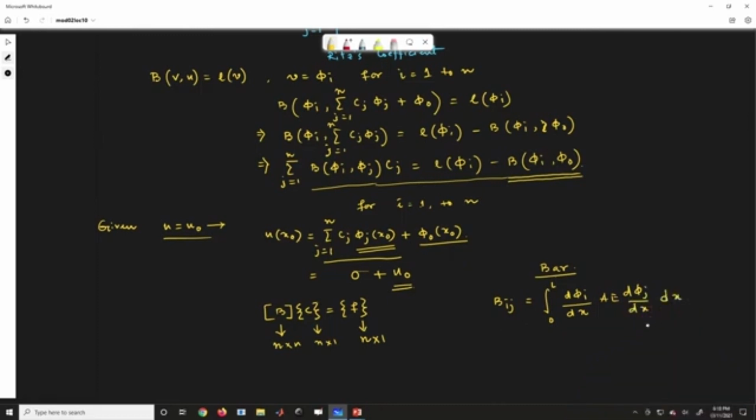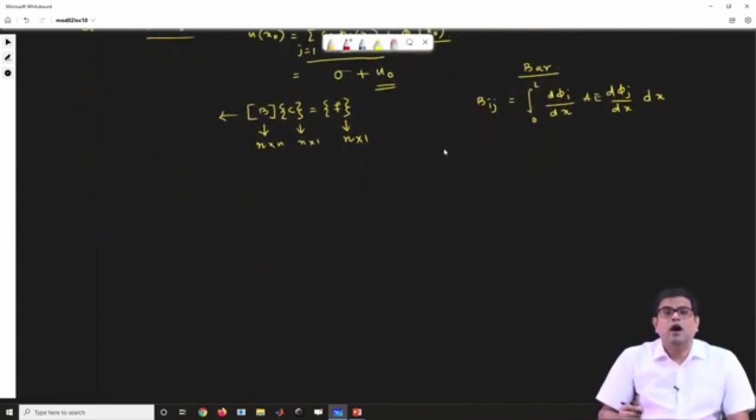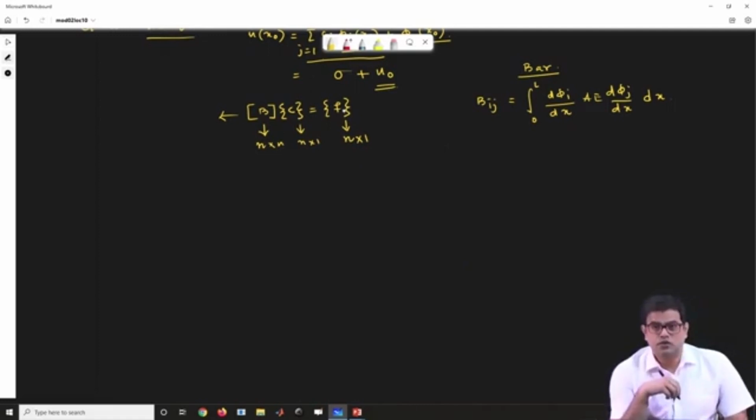So this is my Bij. Now this system of equations has to be invertible, that means it has to be non-singular. What does non-singular mean? It means that if we invert this system of equations, I can get the solution for C.